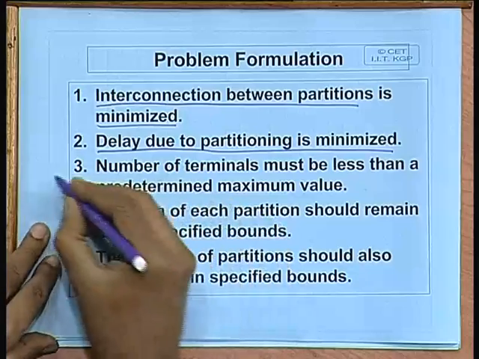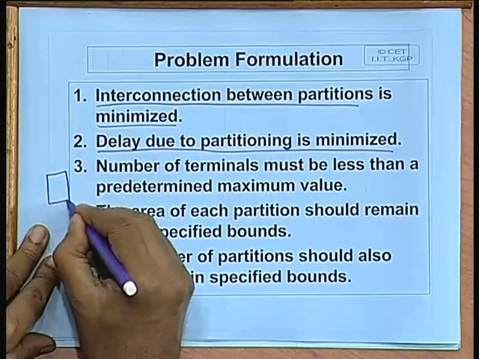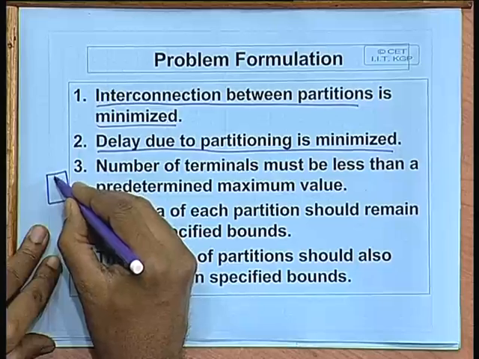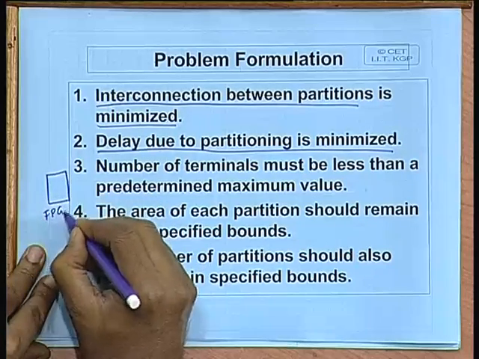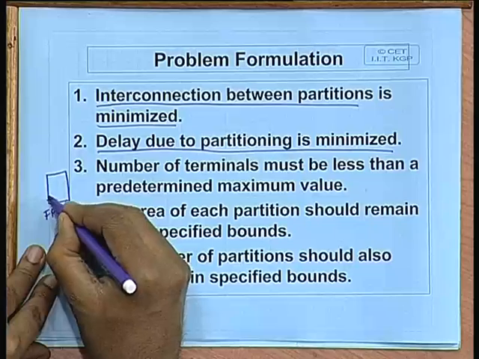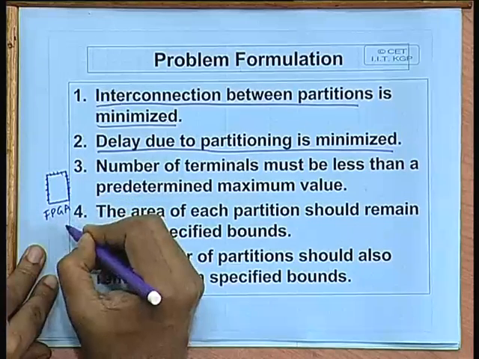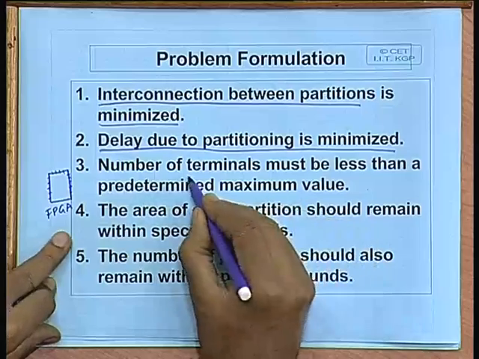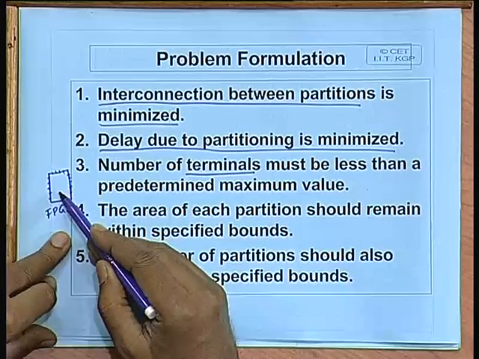And if your target, suppose again I am giving that example, is to map a particular partition into say an FPGA chip, a particular FPGA chip will have a maximum limit on the number of terminals or pins. So the number of terminals of your partition should be less than or equal to that limit.